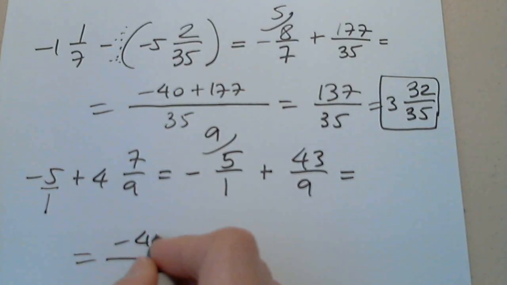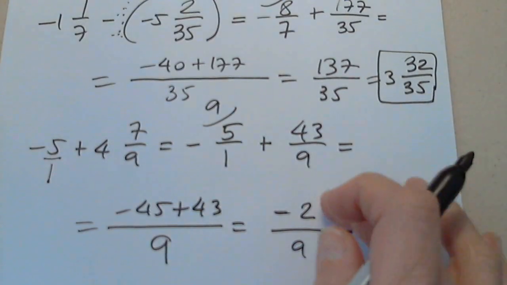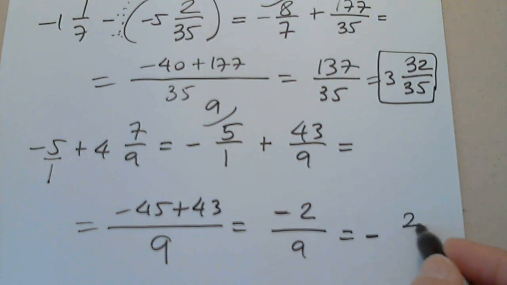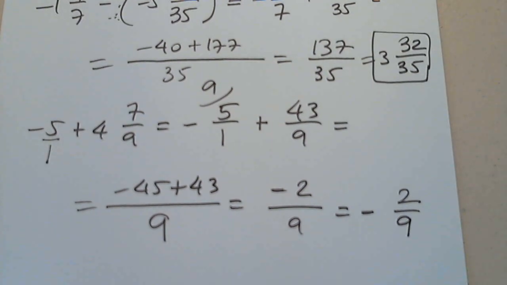So this will be negative 45 plus 43. The numerator is negative 2. Please remember, a negative over a positive is negative, so that's negative 2 over 9. Any questions?